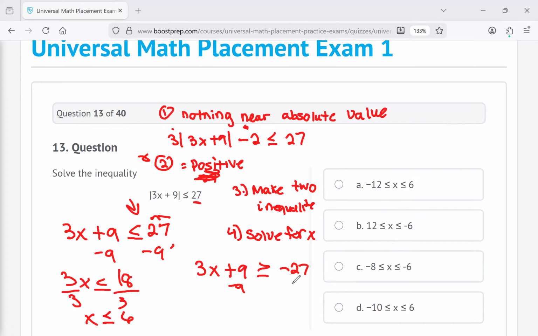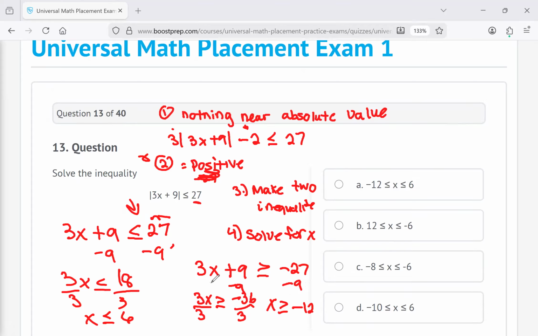We're going to subtract 9. Negative 27 minus 9 is negative 36. Divide this by 3. I don't flip the sign because I'm dividing by positive 3, so the sign stays the same. Negative 36 divided by 3 is negative 12.